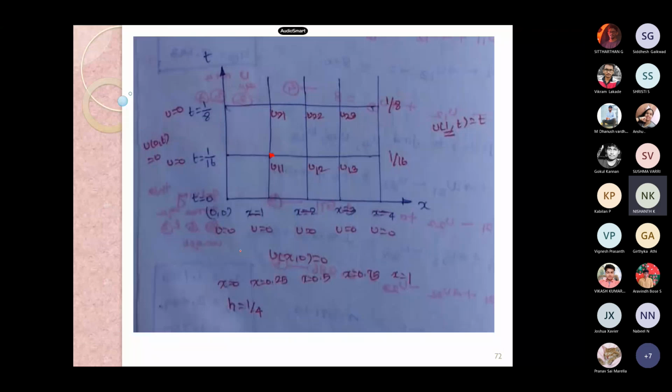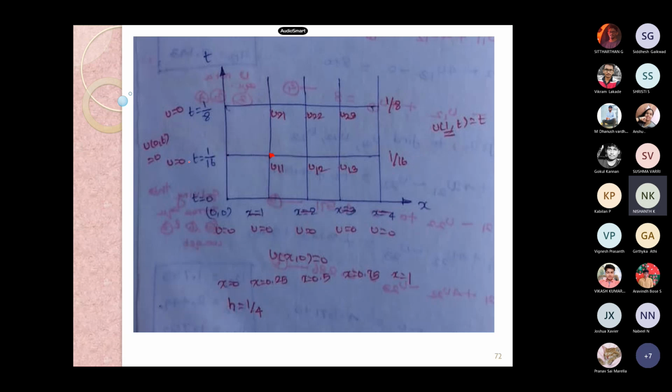Nishant, you tell me the formula based on the reduced Crank-Nicolson. There might be some relation. If our focus is U11, then what is that relation? I'll tell you for U11. You tell me for U12 and U13.